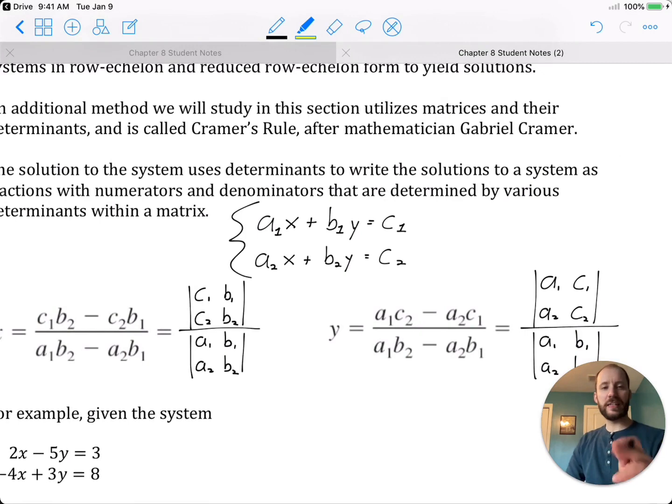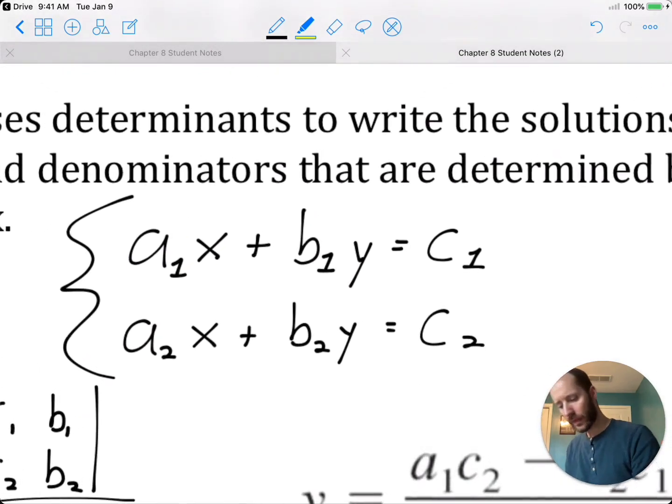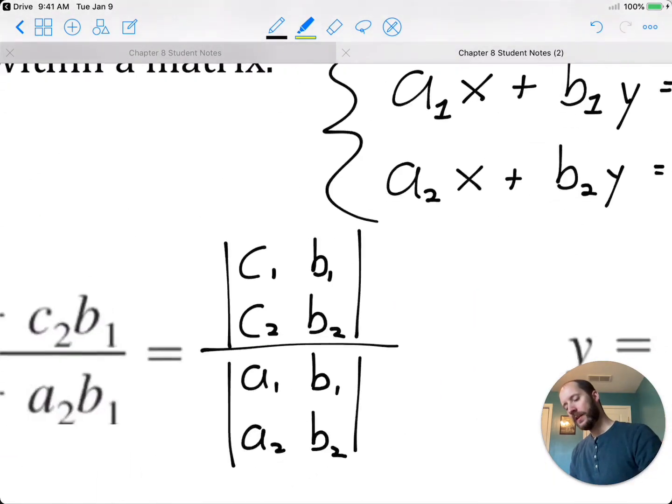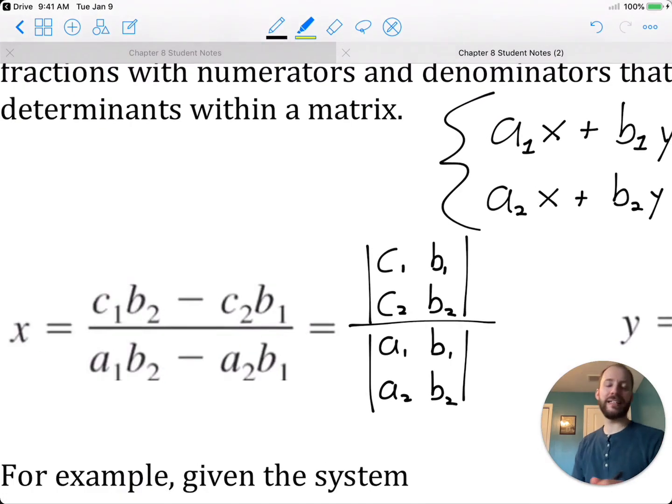What I have here is a lot of pretty technical writing, but I'm going to talk through it. So you have a system of equations. A sub 1, A sub 2 are the coefficients on x. B sub 1, B sub 2 are the coefficients on the y's. C sub 1, C sub 2 are the constant values. To find an x solution to this system, you create that fraction.